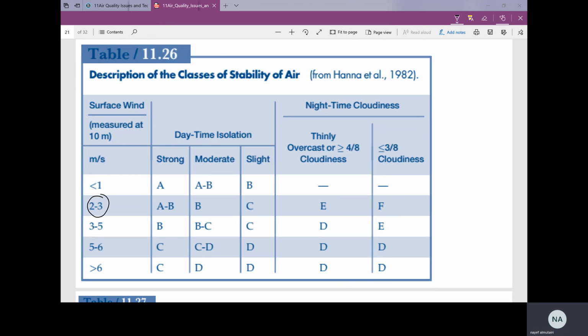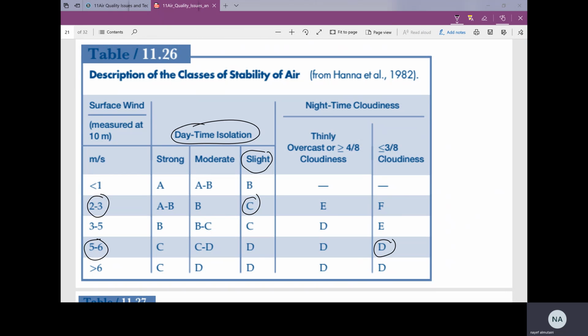And I'll tell you about the stability of the air around us. It's slight, for example, and in daytime insolation. So if I say 2.5 slight daytime insolation, I mean class C. If I say it's 5.2 meter per second at 10 meters, this is the wind speed, and it's nighttime cloudiness, less than or equal to 3/8 cloudiness, which means it's class D. You have to get the class from this table.